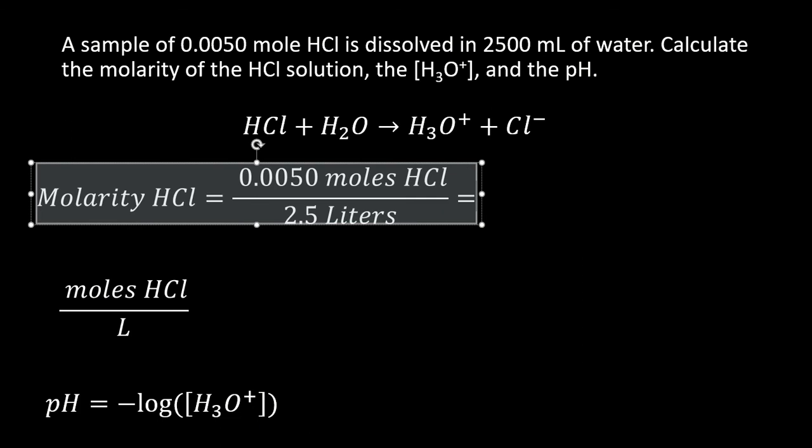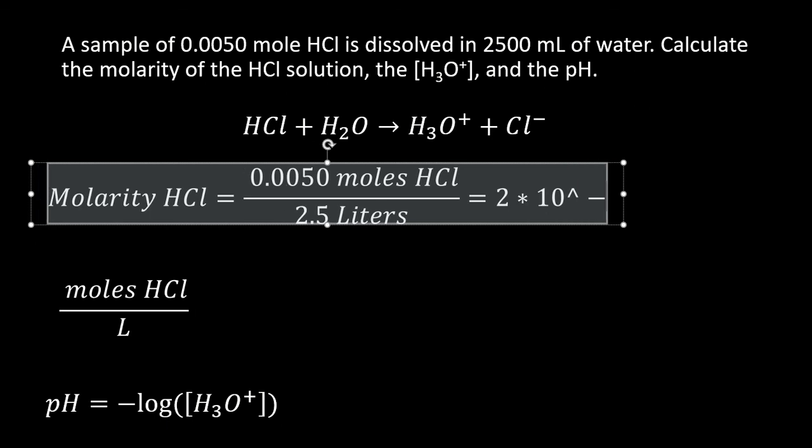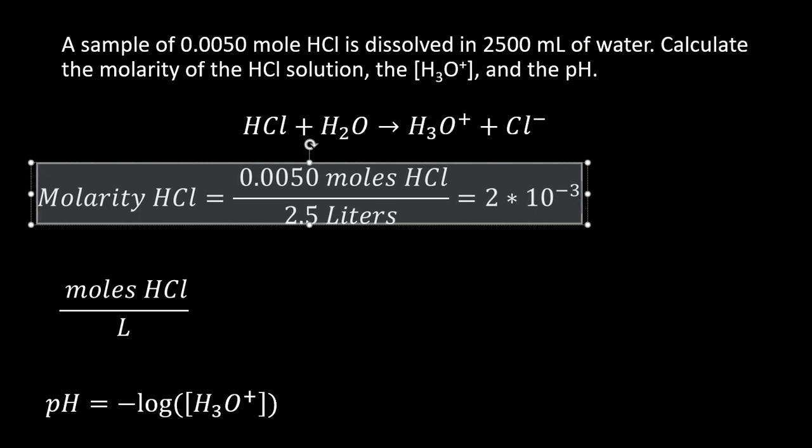And what this gives us is 0.005 divided by 2.5 liters, which would be 2 times 10 raised to negative third molarity, or moles per liter. Moles per liter, or capital M for molars, is the same exact thing. And just to write this fully out, that would be molarity of HCl.